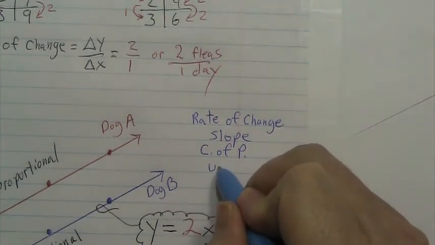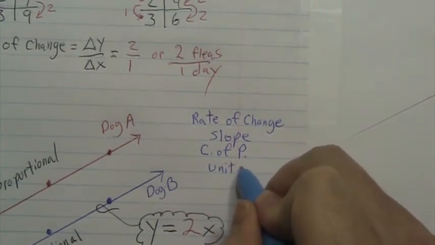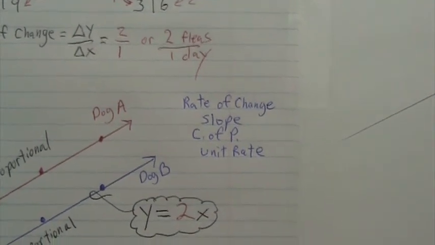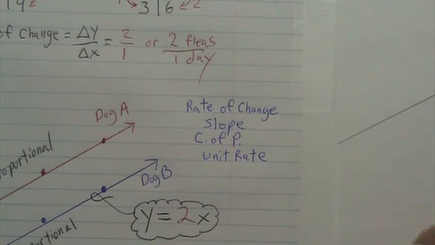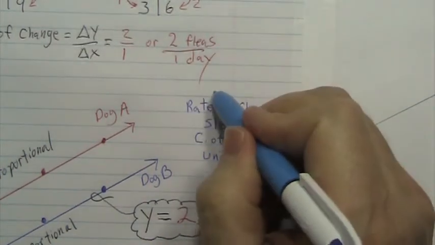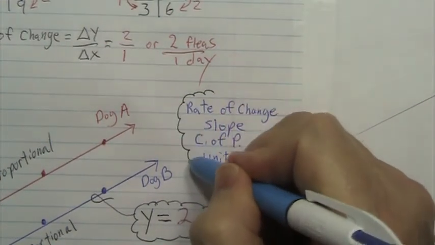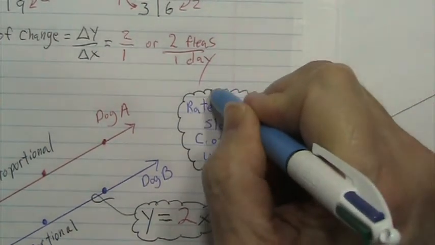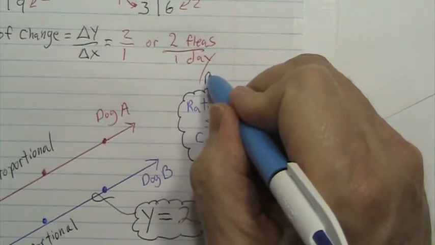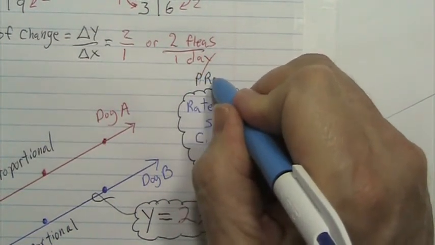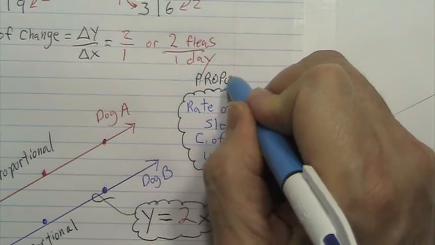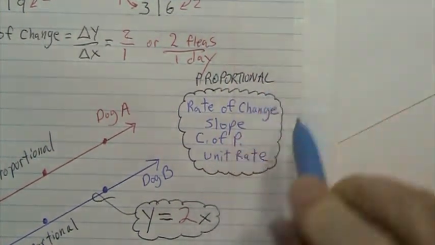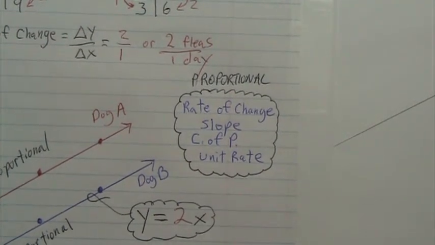Also, unit rate. All those words are for the same thing, for the same value. All of these. Right? And that's if something is proportional. So, that's for everything that's proportional.